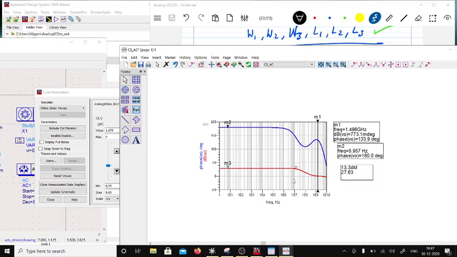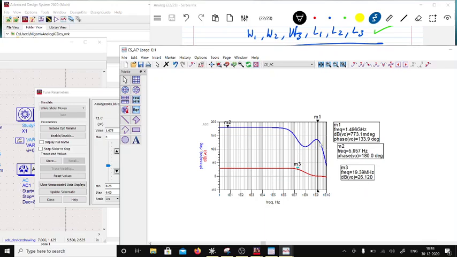This is your first corner, roughly. And the first corner is occurring at 22 megahertz, right? So I can use this amplifier up to 22 megahertz with a gain of 26 dB. The first corner frequency is around 20 megahertz. So I can use this gain stage up to 20 megahertz.